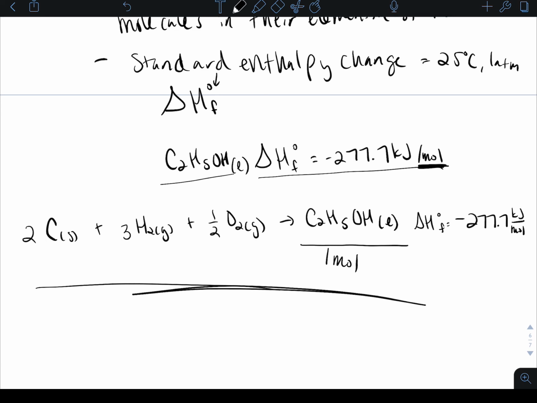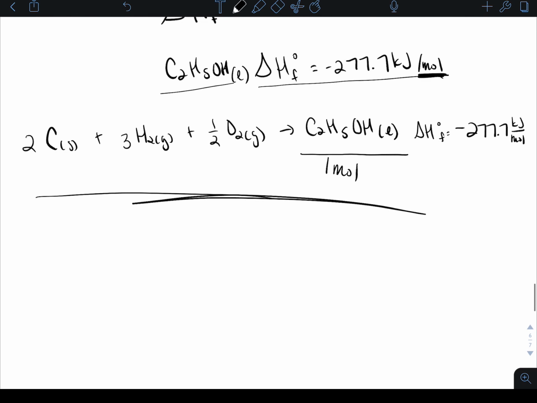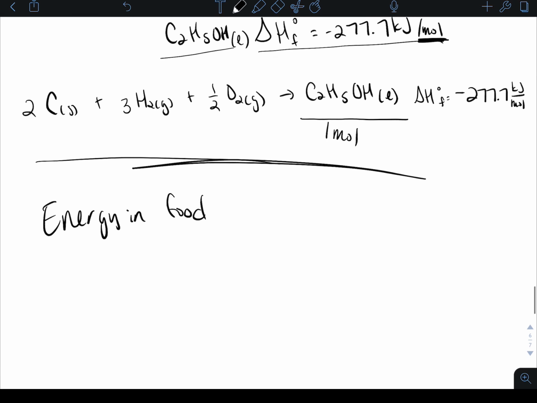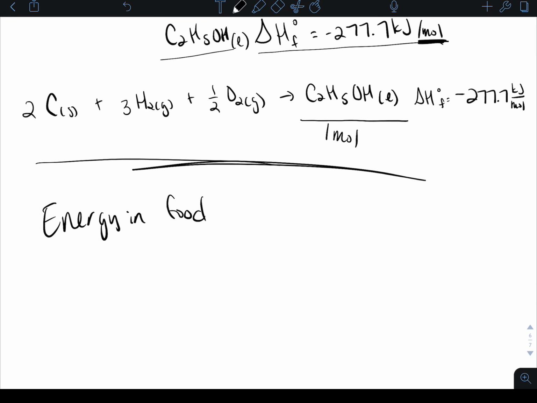We'll also very briefly talk about energy and food. Let me just talk about it now. Sorry, I lied. We're going to talk about energy and food real quick. So we have food contains or has potential energy that once digested converts into kinetic energy.